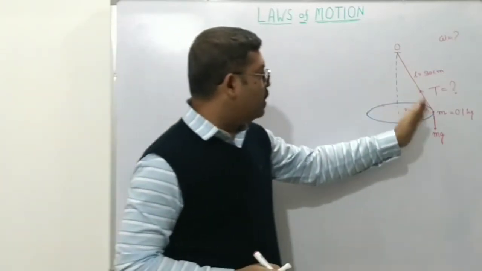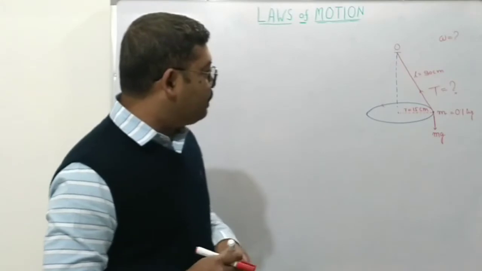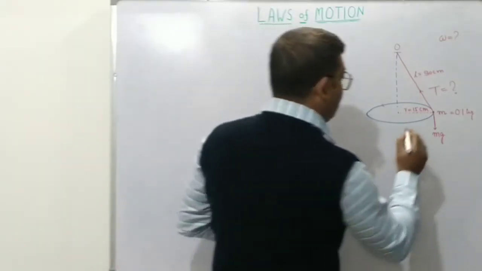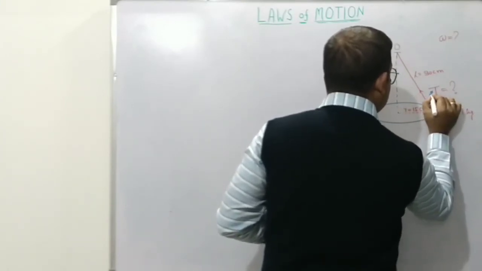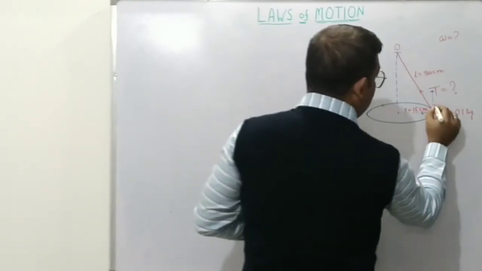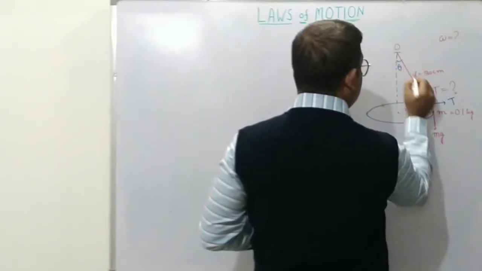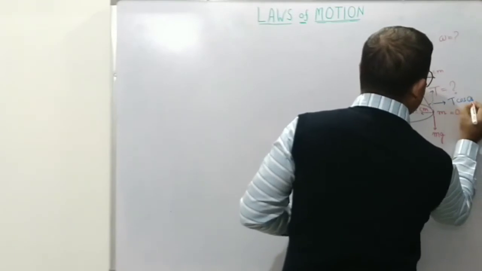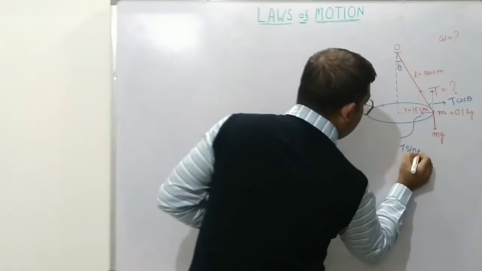These two forces are not in the same direction, so we will resolve the tension into two components, one in the vertical direction and one in the horizontal direction. If this angle is theta, the vertical component will be T cos theta, and the horizontal component will be T sin theta.